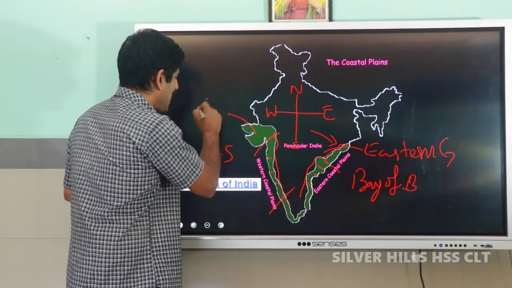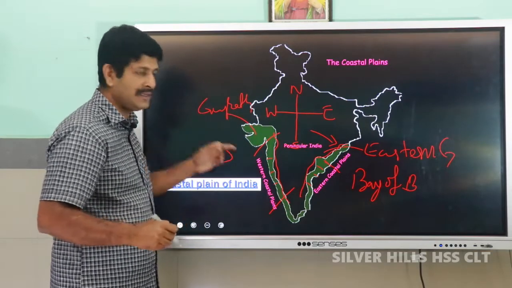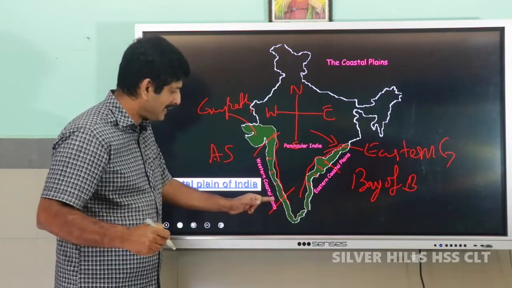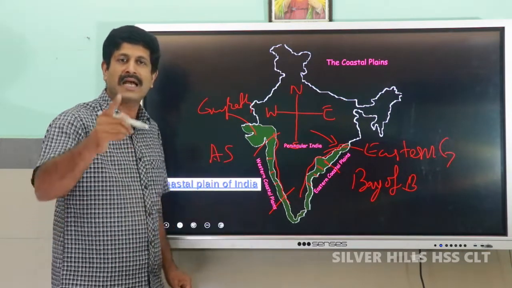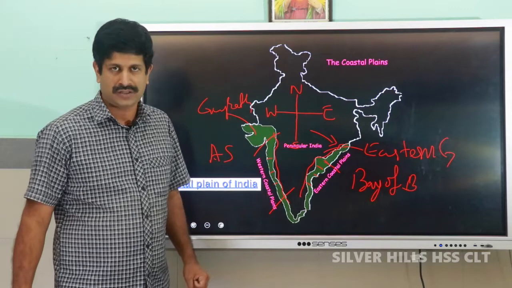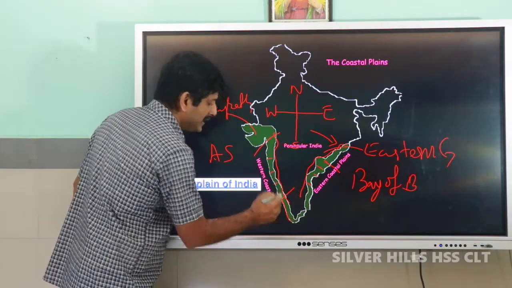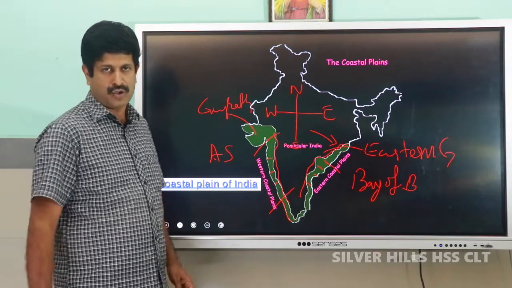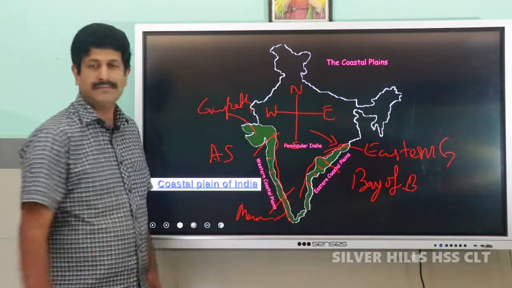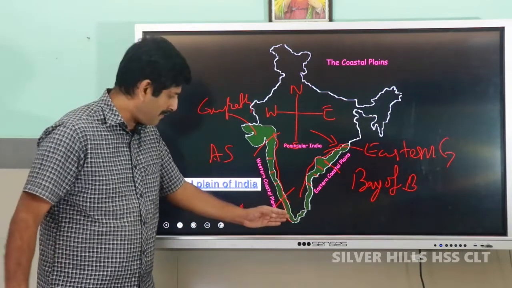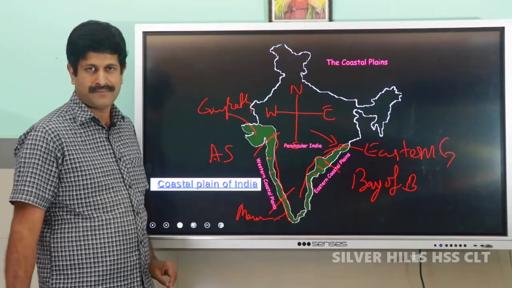One we call the Gujarat coast. Then till Kerala, till Mangalore, we call it the Konkan coast. And the last one is the Malabar coast. The Malabar coast, the Konkan coast and the Gujarat coast.